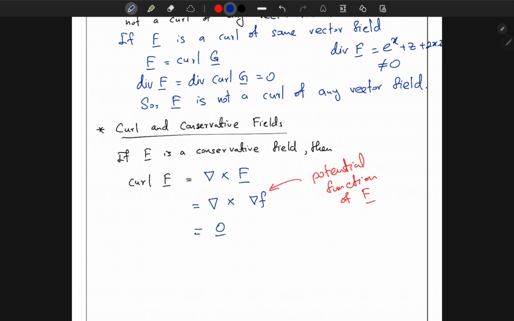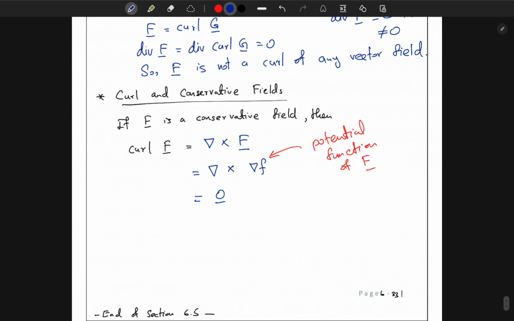If you remember, to find the cross product, you use sine theta, where theta is the angle between them. Since we have the same vector, the angle is 0, so the sine value is 0. Therefore, the curl of a conservative vector field is 0.